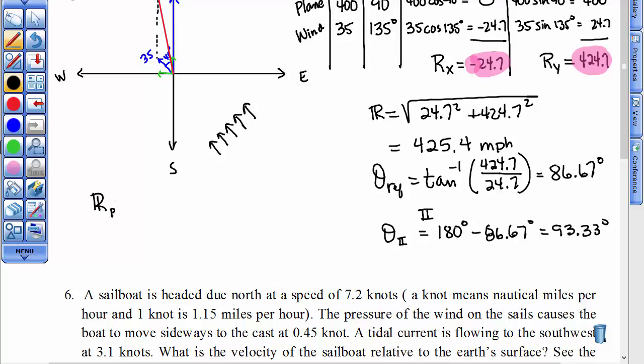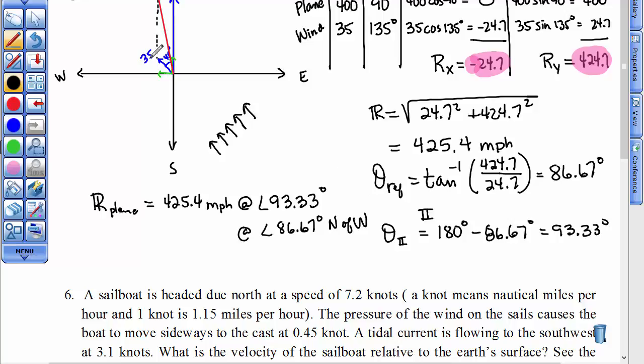So we could state our answer in several ways. The resultant of the plane is that it travels at 425.4 miles per hour. We could say it's at an angle of 93.33 degrees, but then it's not an aeronautical statement. We could also say that it's an angle of 86.67 degrees north of west. See this red line? That's the reference angle, 86.67 degrees.